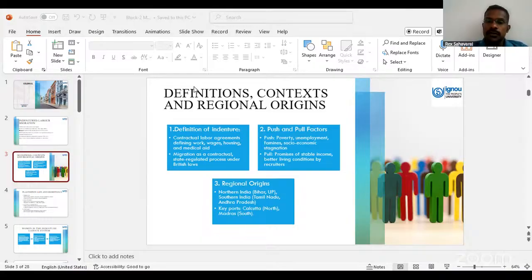All right. So poverty, unemployment, and famines, and diseases like malaria during that time were the main concern for the people to move from here to some other state, along with socioeconomic stagnation, right?